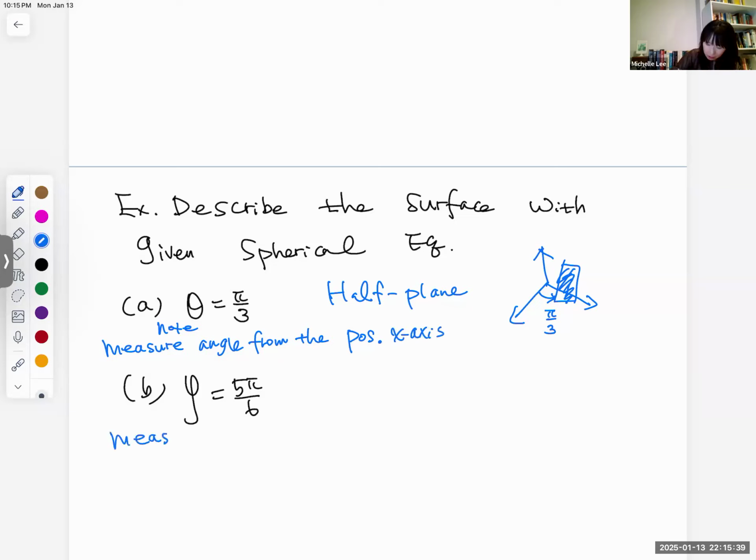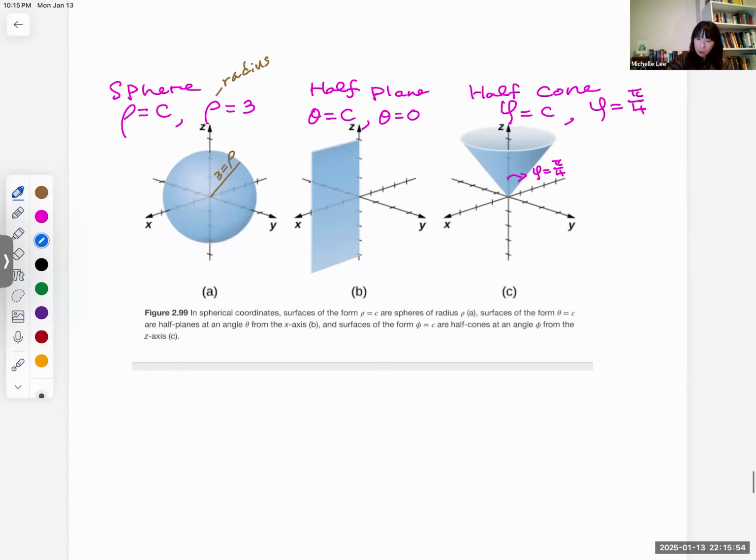Phi measures the angle from the positive z-axis, right? This one earlier is a half cone, right? So there will be 5 pi over 6.